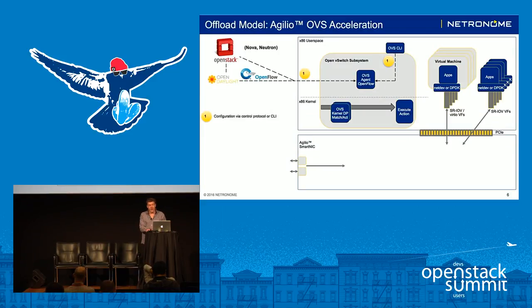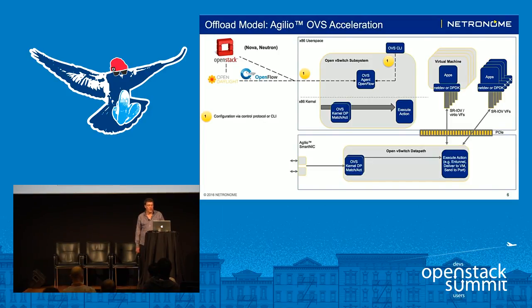So let's now look at the accelerated approach. A SmartNIC, like the Netronome Agilio SmartNIC, is able to offload the entire OVS kernel data path. So similar to the unaccelerated version, the first packet of a flow may get sent up to user space.